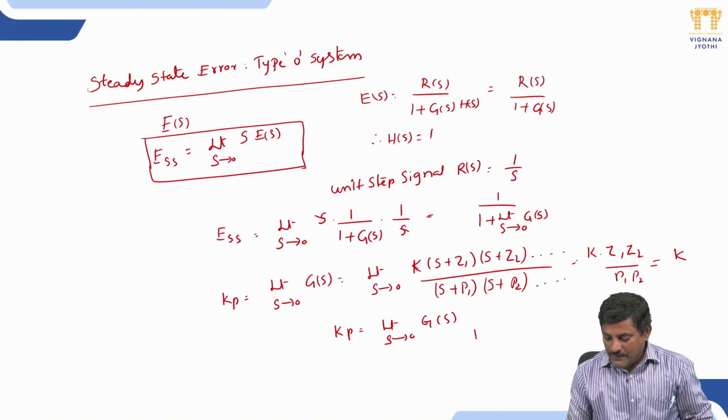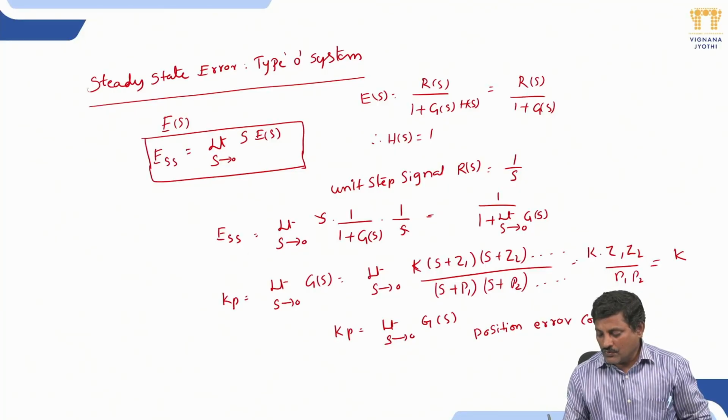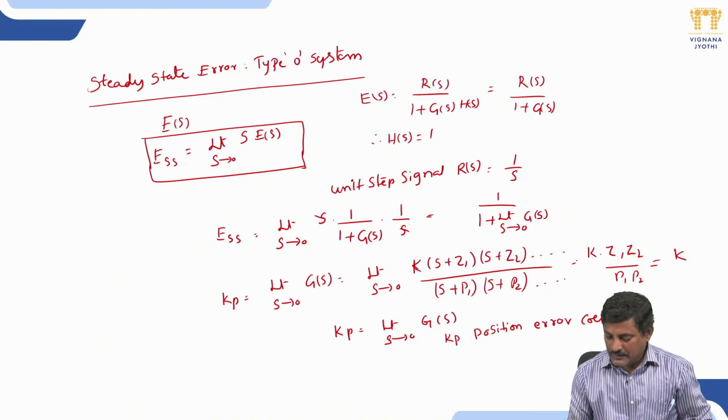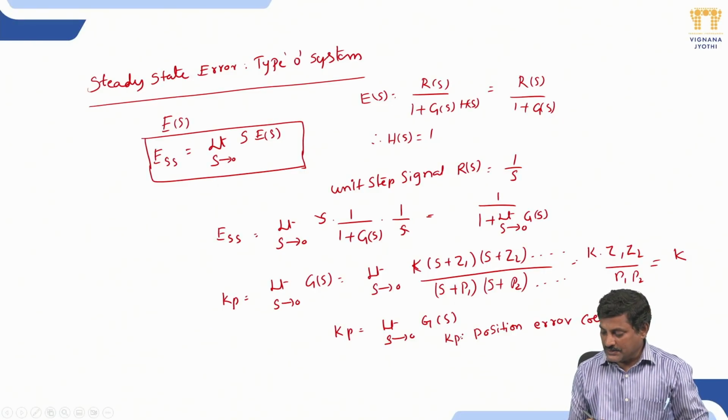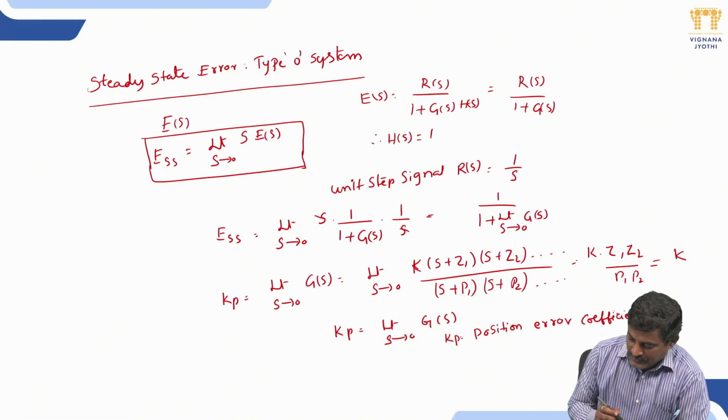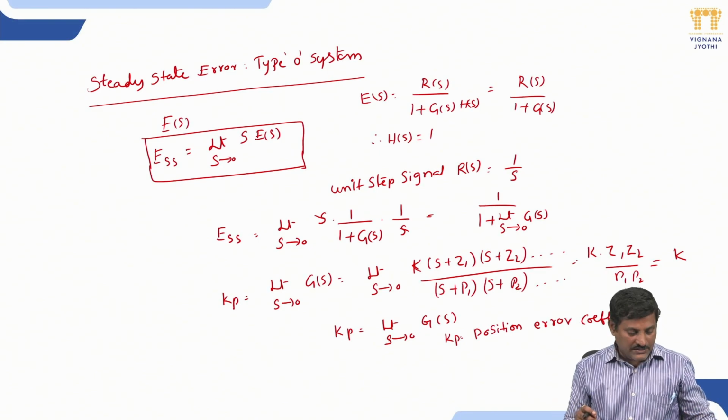So Kp is called the position error coefficient or constant, the positional constant.